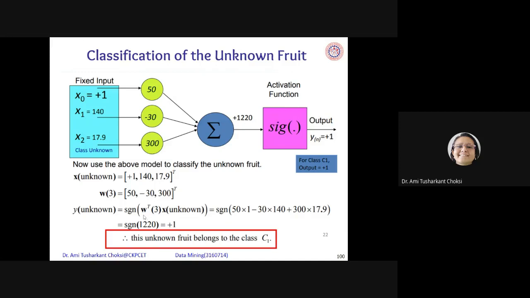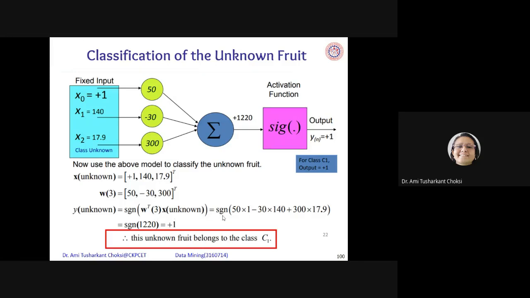In that we apply W transpose 3, multiplied by x unknown. So that's what we are putting here.